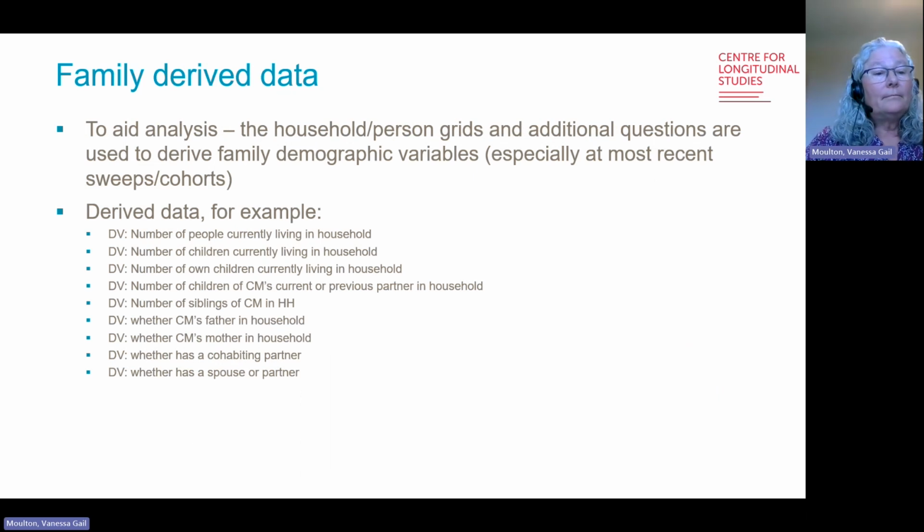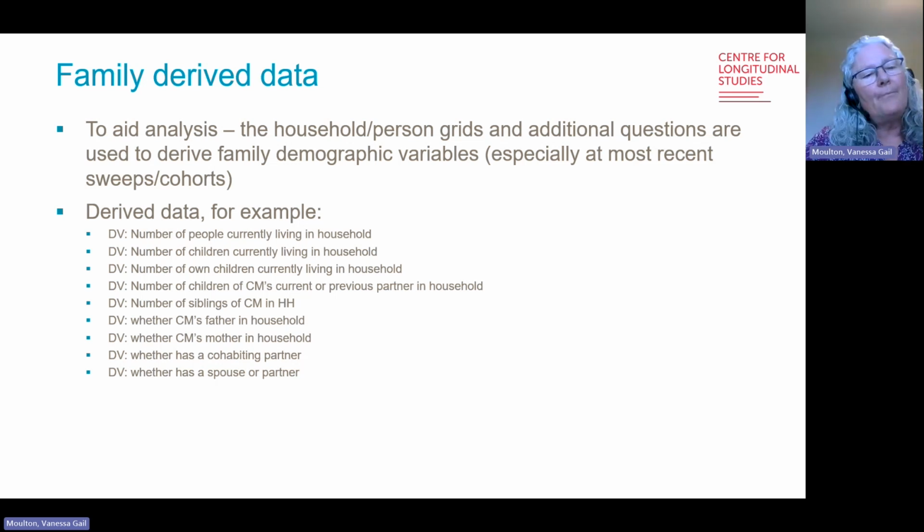However, there are also key variables. So if that terrifies you, there are derived variables available. We use the household person grids and additional questions to derive family demographic variables, widely available at the most recent sweeps and cohorts.